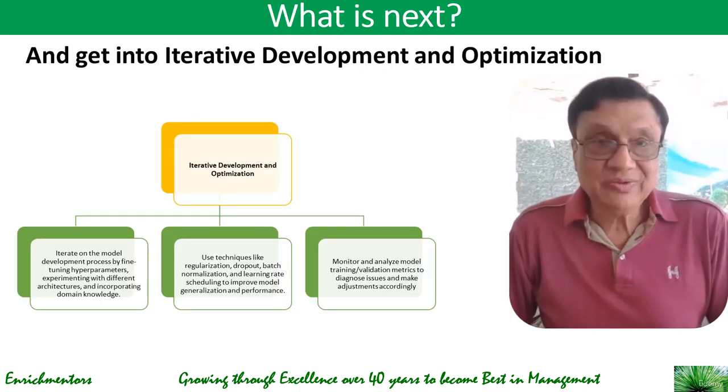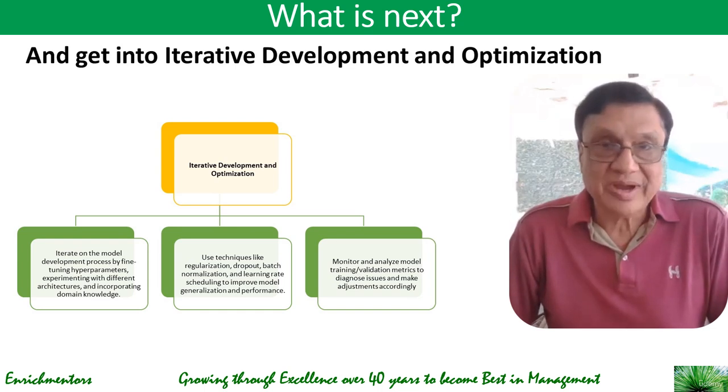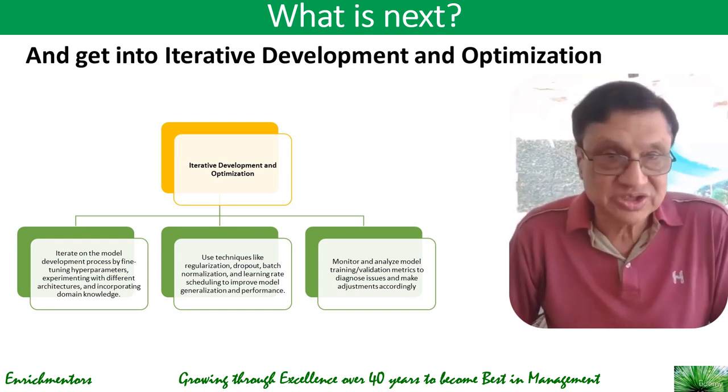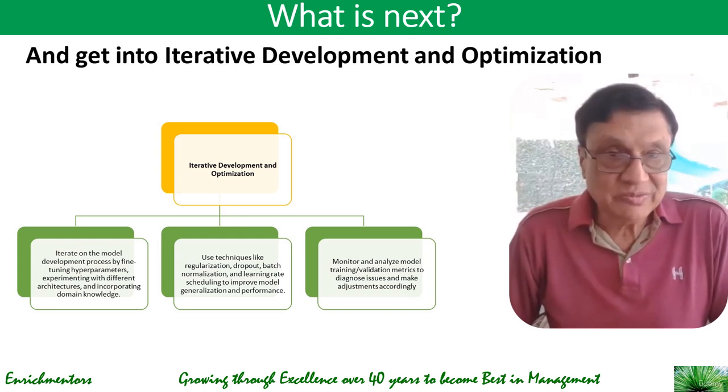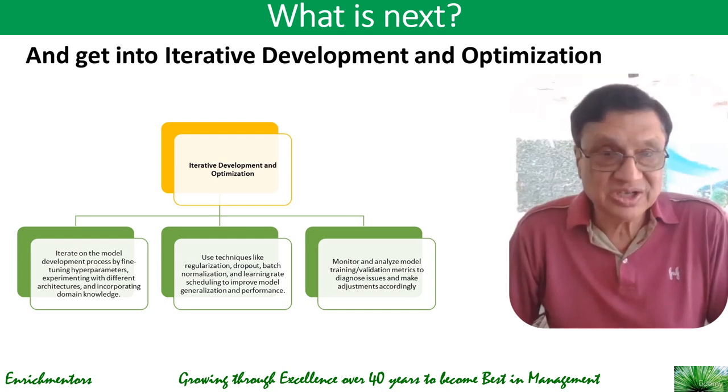So having done that, what do we do next? We will get into the next major step of iterative development and optimization, where we will talk about how to iterate on the model development process by tuning hyperparameters, experimenting with different architectures, and incorporating domain knowledge.